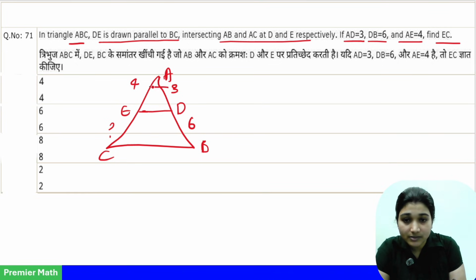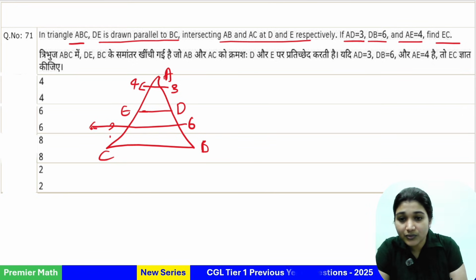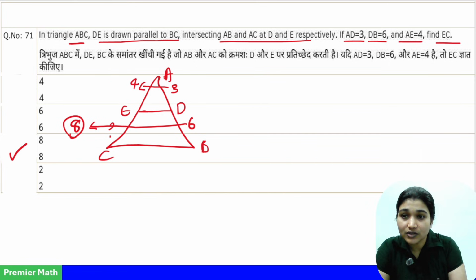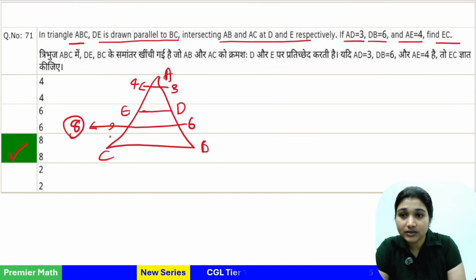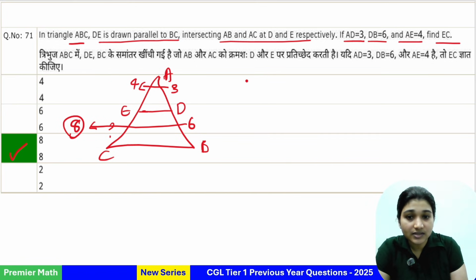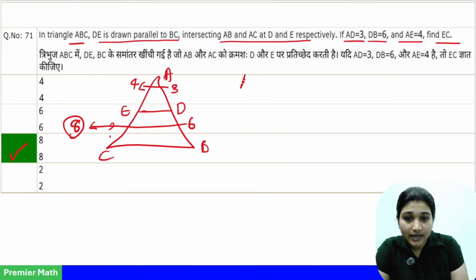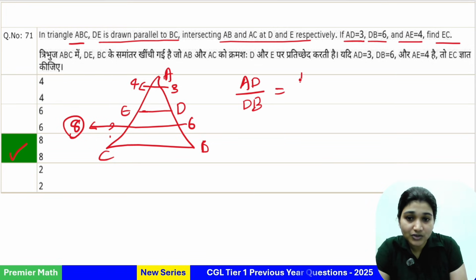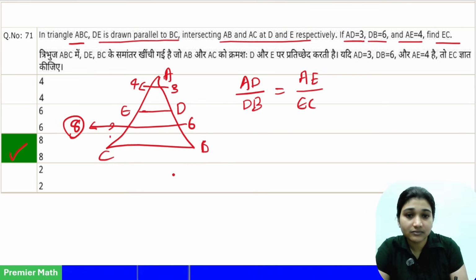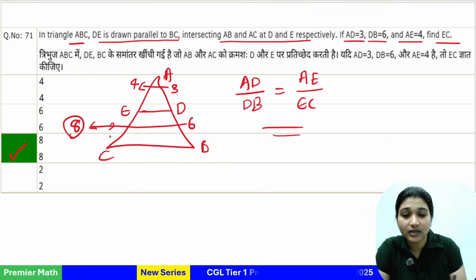Then from that concept, this 3 part represents 4 units, so the 6 part should represent 4 into 2, 8 units. Option 3 is your answer. That is, by the similar triangle concept, AD by DB is in the same ratio as AE by EC. Now, if you substitute the values, you can find it.